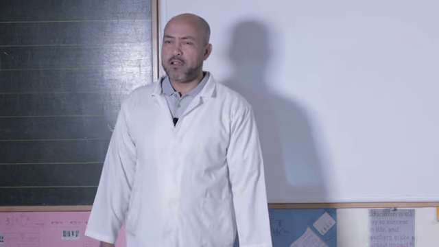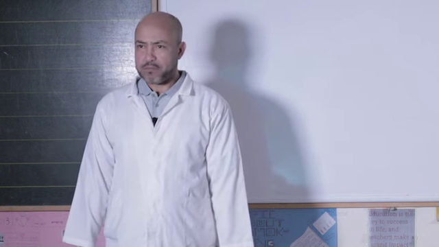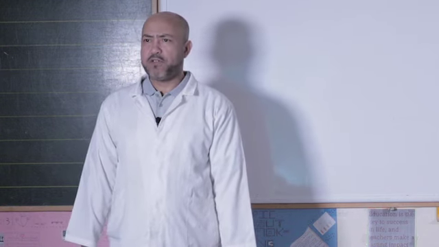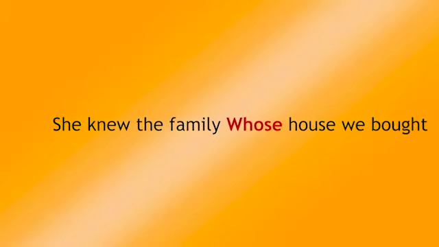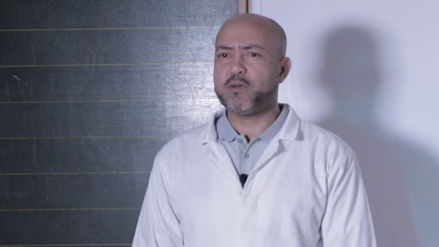Whose is a relative pronoun that is used to express possession or relationship. For example, she knew the family whose house was bought. So whose here has been used to refer to possession, which is mainly the house.